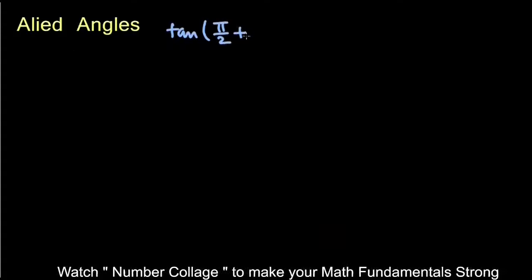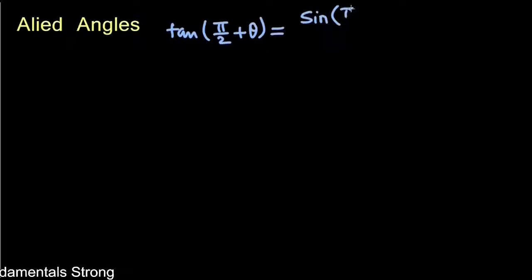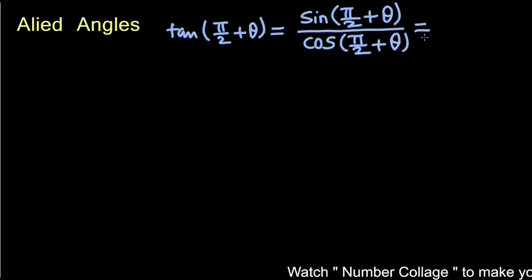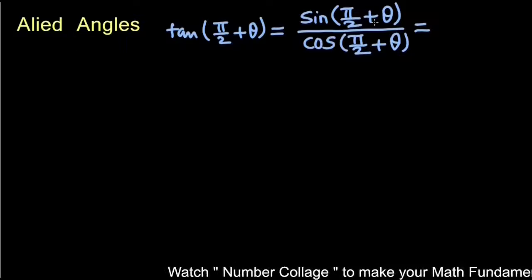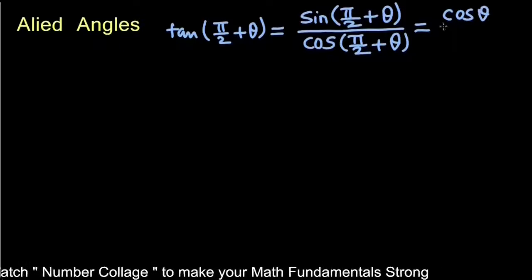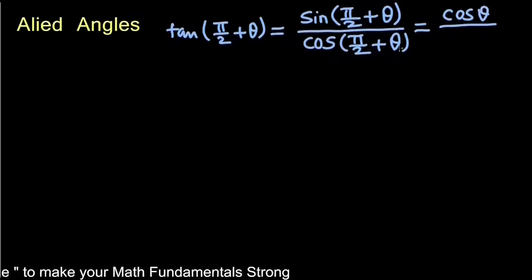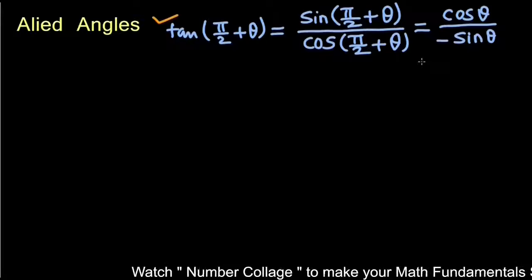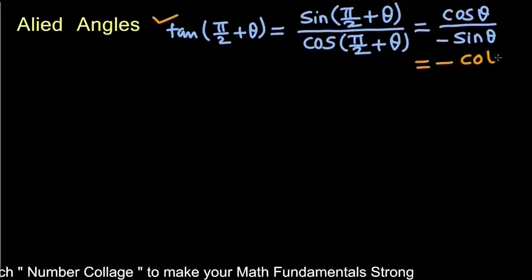Tan pi by 2 plus theta will be sin pi by 2 plus theta upon cos pi by 2 plus theta. We have already found sin pi by 2 plus theta as cos theta and cos pi by 2 plus theta as minus sin theta. Therefore, tan pi by 2 plus theta will be minus cot theta.